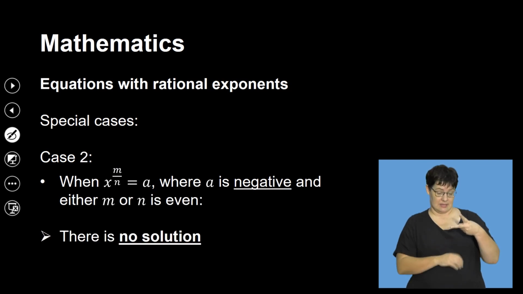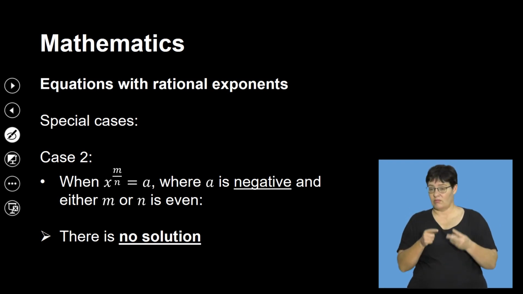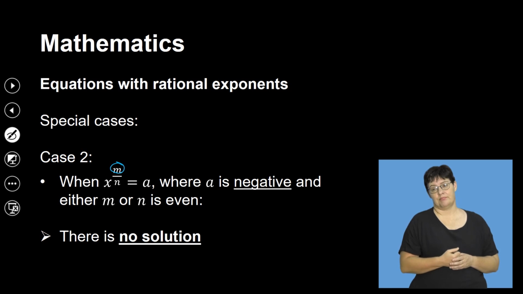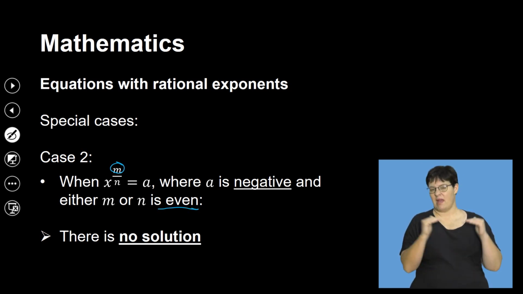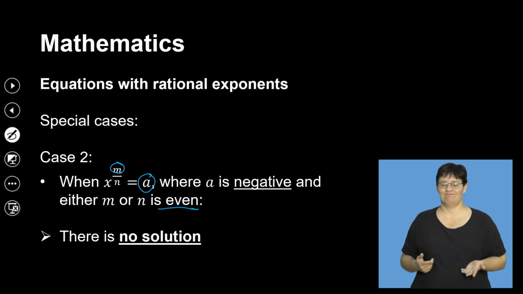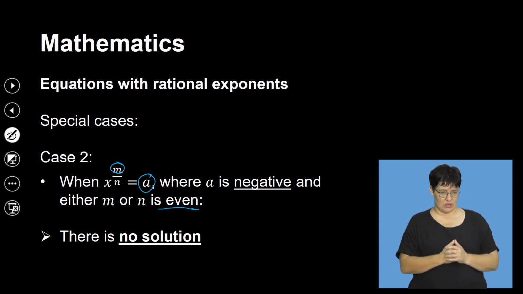Now, the opposite of this does not give us a solution. If the m or the n is an even number, it doesn't matter, but the a value is negative, there is definitely no solution there. What do I mean?